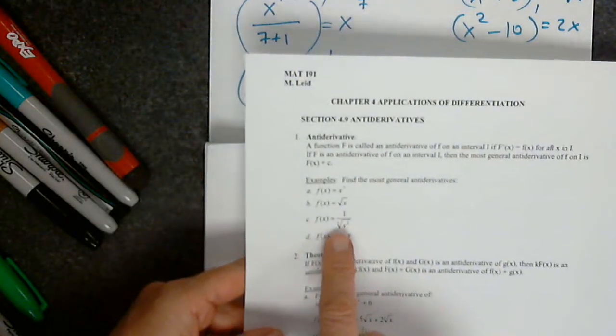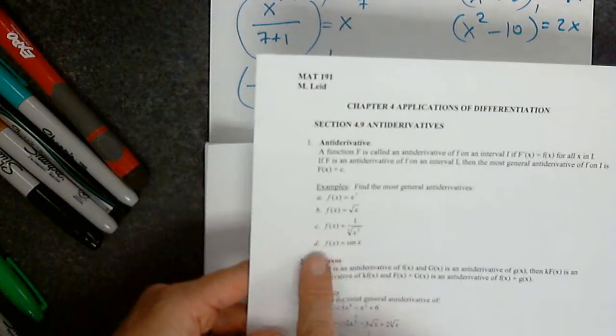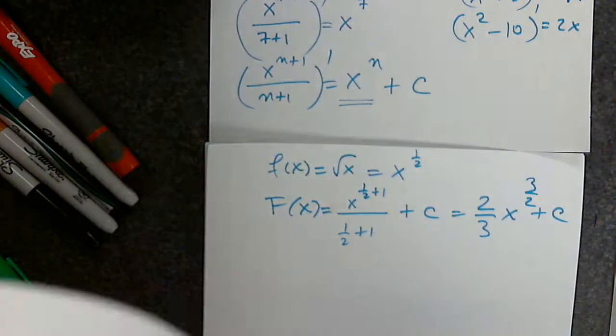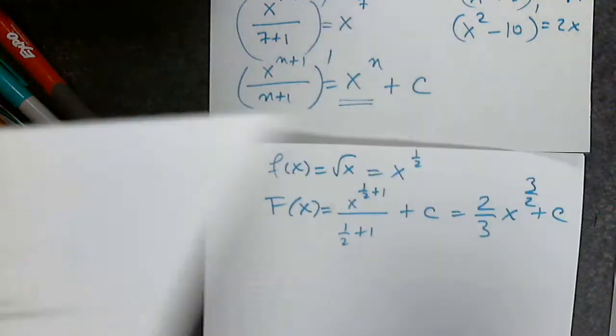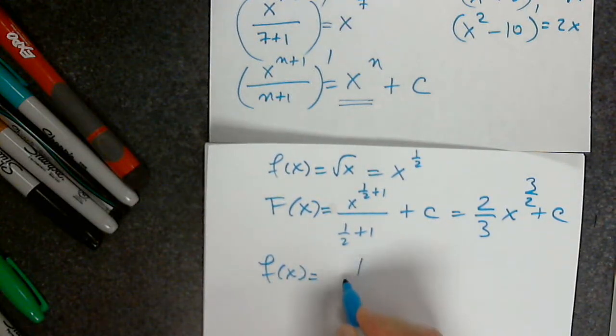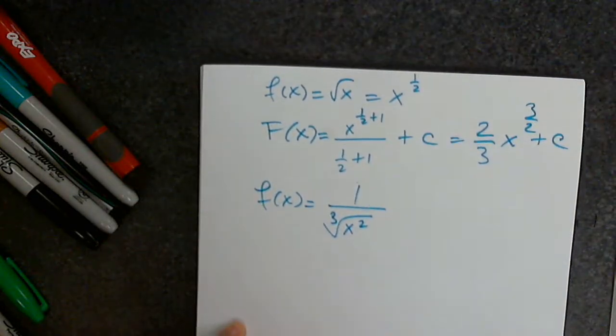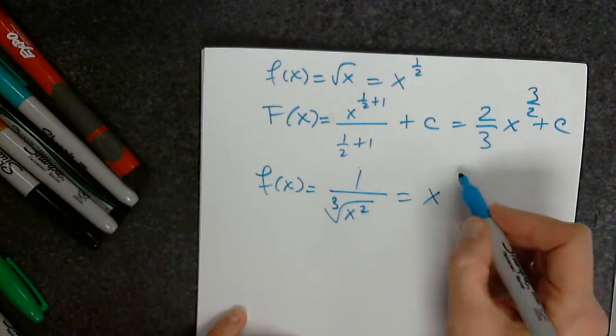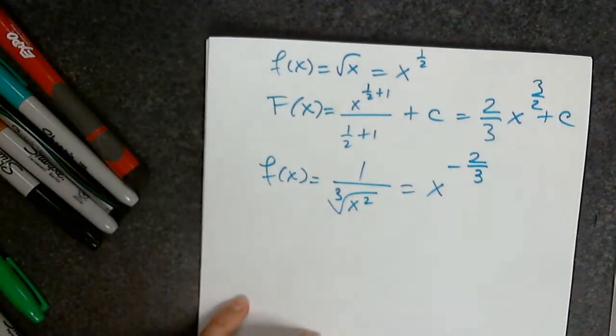And the same way, I would like you to work on this, and let's work on d. It's the same. So the power will be -2/3. Let's do it because it's a negative power. So f of x equals 1 over the cube root of x squared. I will change it into x to -2/3.